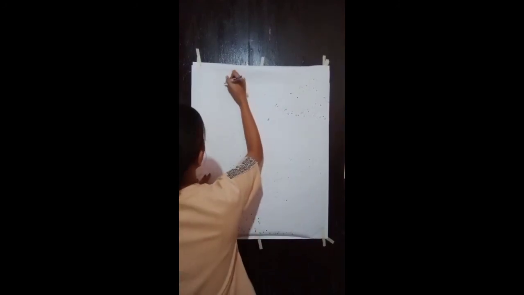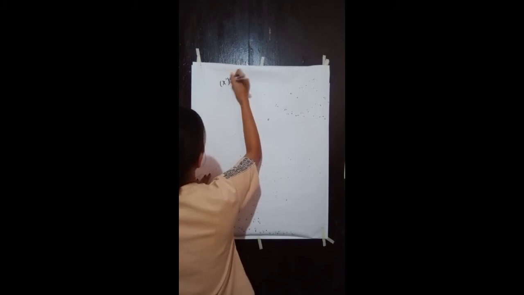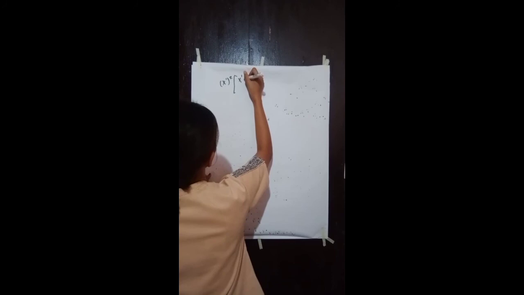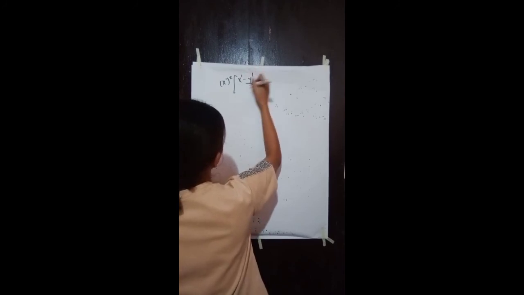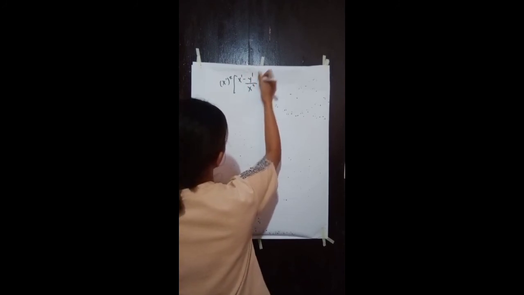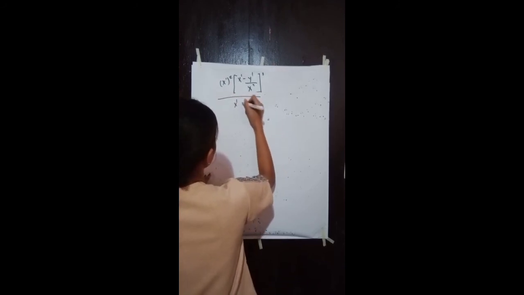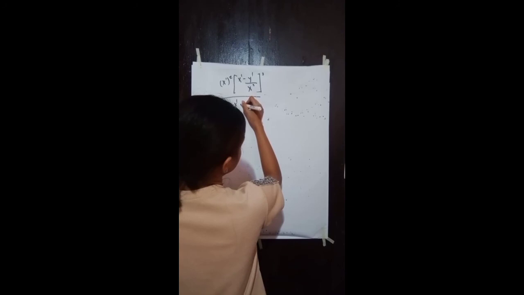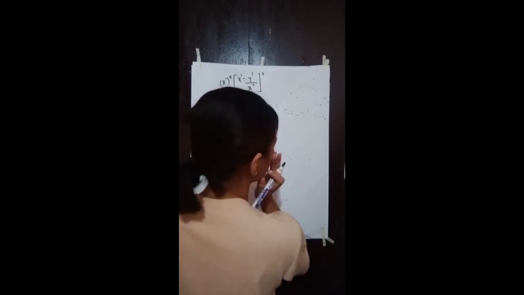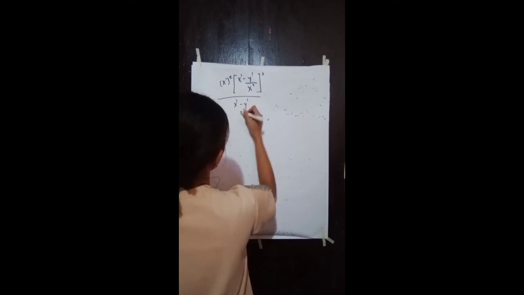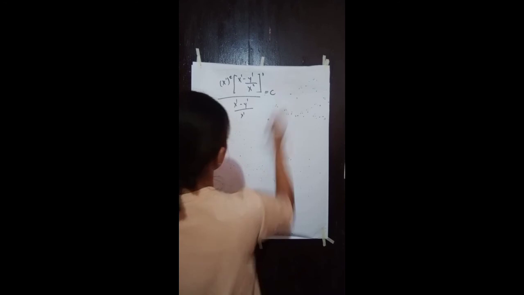Copy ko lang ulit yung kanina kasi nagbago na yung ano. x1 prime squared x1 y x cube over x1 minus y prime over x is equals to c.